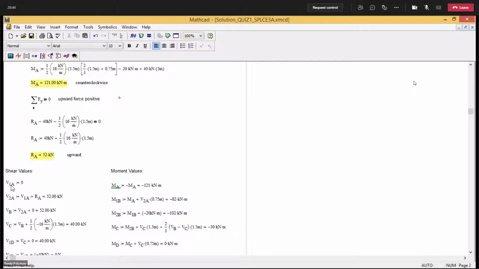So I simply make use of V1 and V2. In mechanics of deformable bodies I put a designation here as V negative A and V positive A, so I just put here 1 and 2.